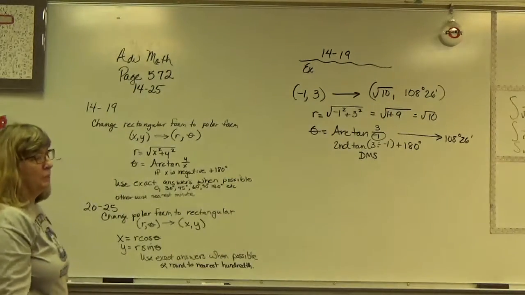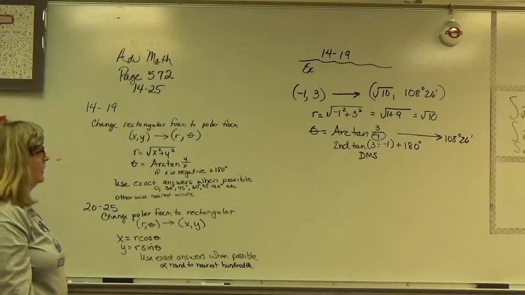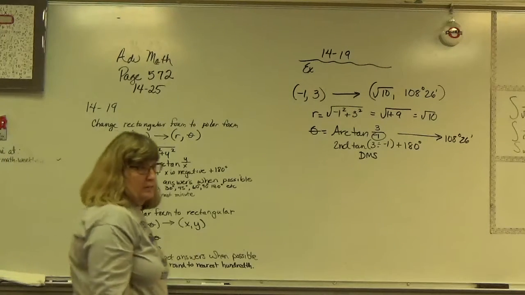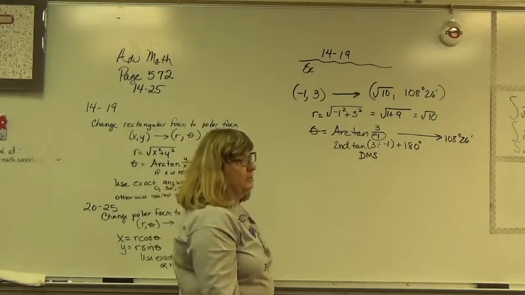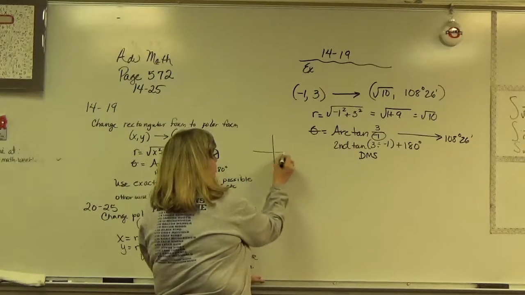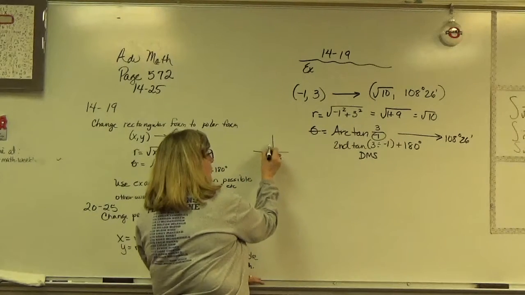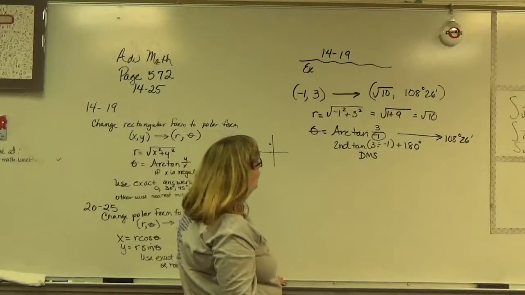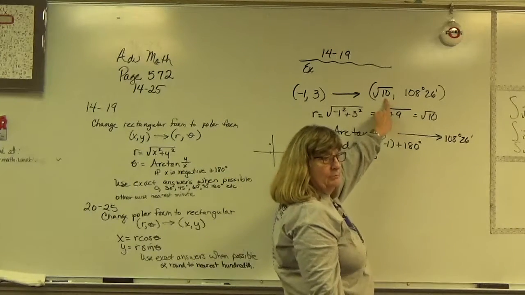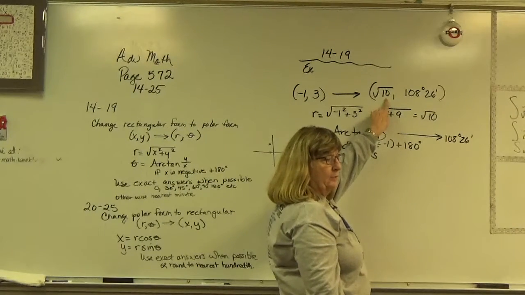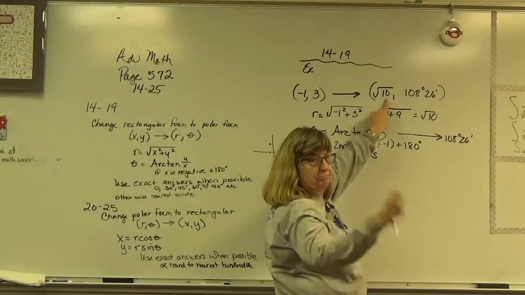And we did one that didn't come out nice to begin with, so you had it. Now I want you to think about, or visualize, where the negative 1, 3 is located in the rectangular coordinate system. The second quadrant. It's over 1 up 3, right? What's the square root of 10, somebody? About 3 something? 3.16.